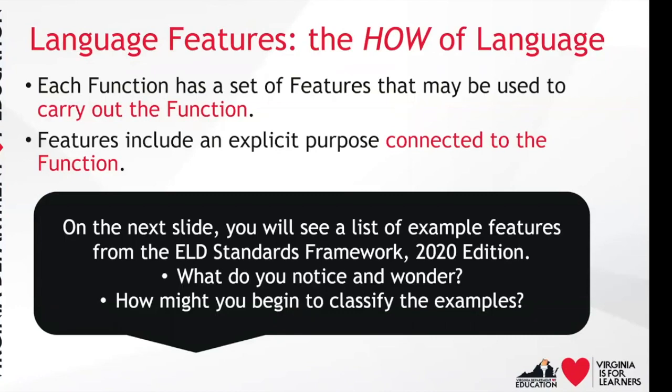So the features will drill down, they will get more specific from the functions. So we think of the functions as the job that we want students to do. What is it asking students to do with language? The features will connect more to the more discrete skills.